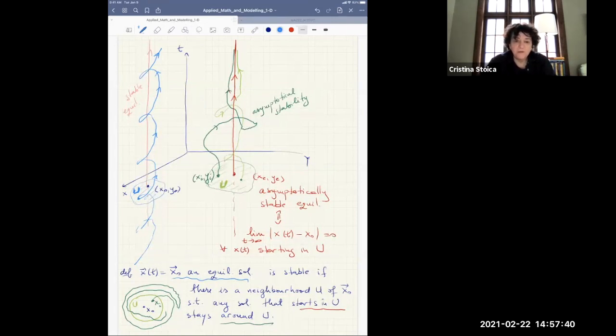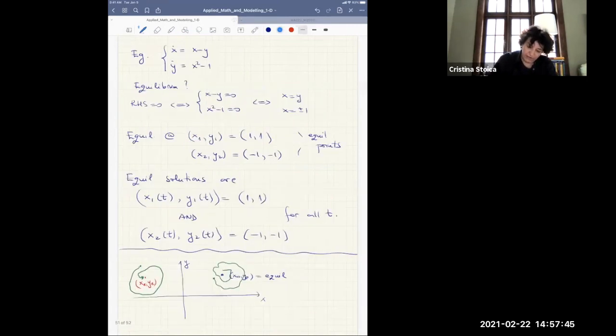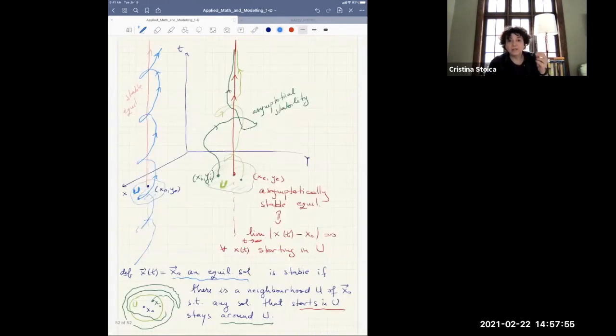Because when people do this kind of pictures like this one here, you have the feeling that the solution will go into the point and will touch the point, but that never happens. So it's an asymptotical thing. That's why I would prefer for you to remember this kind of pictures, with the time in them.